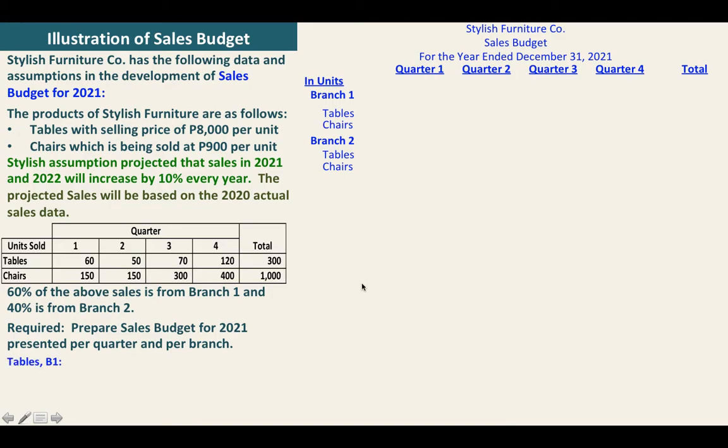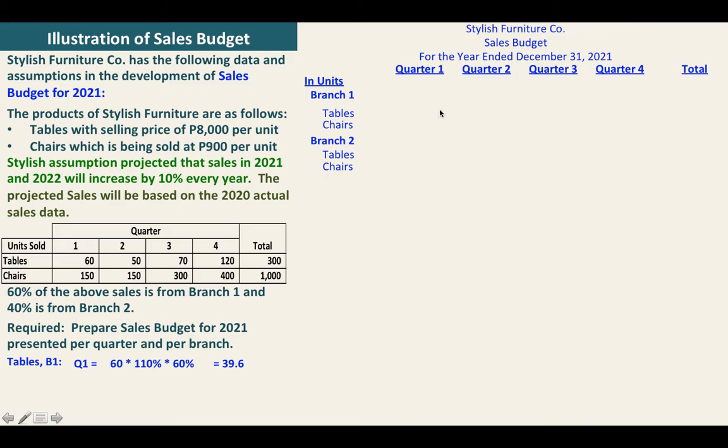So here, for your tables on branch 1, quarter 1, the calculation will be 60 times 110% because we are increasing it by 10%, and the share of branch 1 is 60%, and that will give you 39.6. And in units, there is no fraction, of course, so we have to round that off to 40, okay?